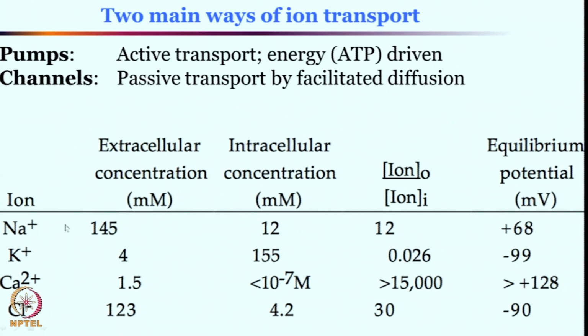Outside, sodium is present in large concentration, but inside it is present in very low concentration. On the other hand, potassium outside is present in very little amount, but inside the cell it is quite high. Similarly, calcium is present largely outside, but the inside concentration is very low.